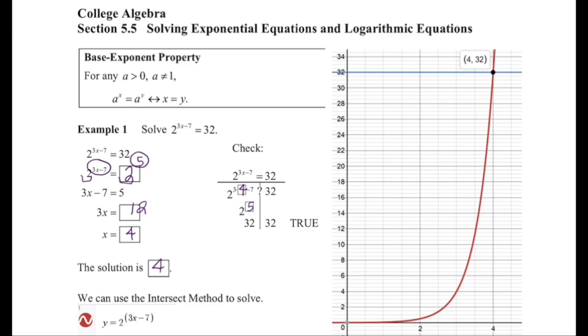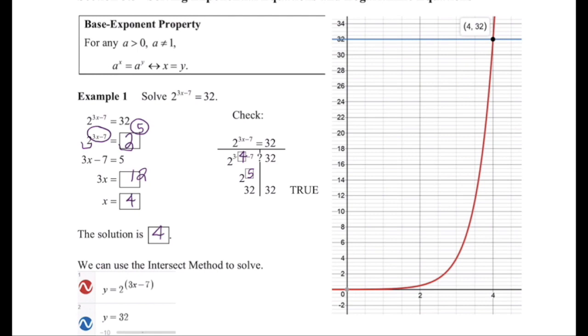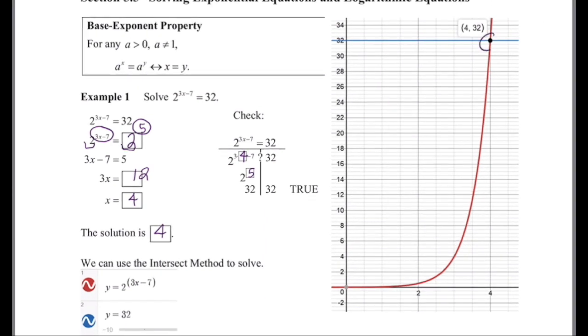We also can use the intersect method. So using Desmos here, I've set up two equations. The first side I set equal to the left-hand side of our equation, and then I set my second line equal to the right-hand side. Where they intersect each other will be our solution.